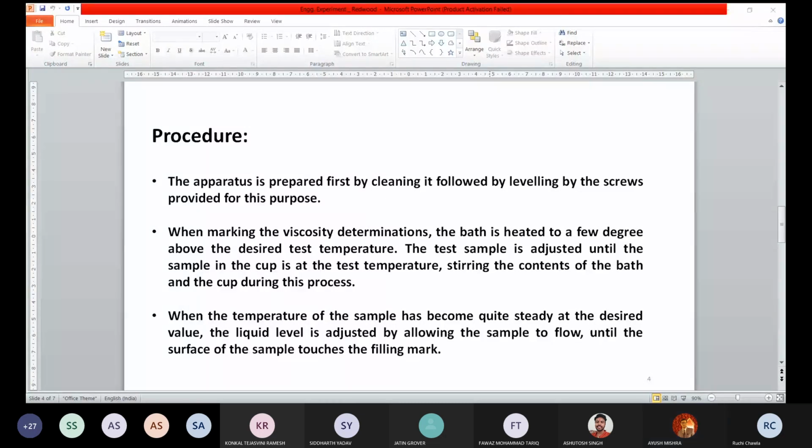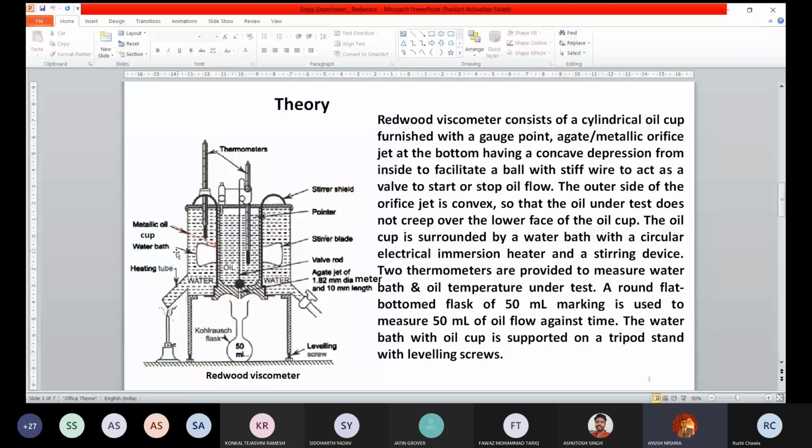Stirrer blade you're talking about? No, ma'am. Stirrer sheet. It was in the top right. Stirrer shield is there. Okay, yes, ma'am. In the figure it has been marked, stirrer shield. Sorry, you're asking about the stirrer shield. Yes. And there is also a cover, actually.